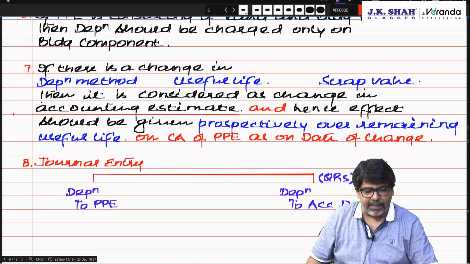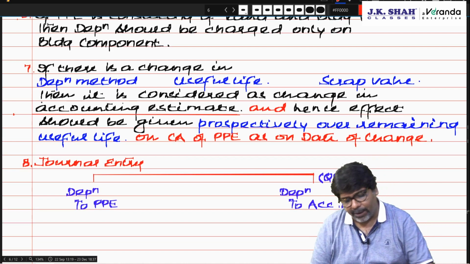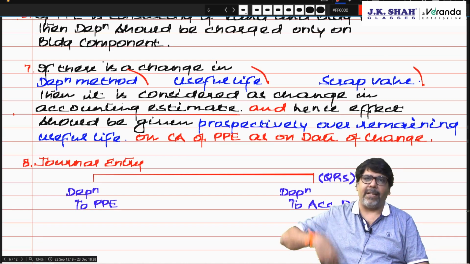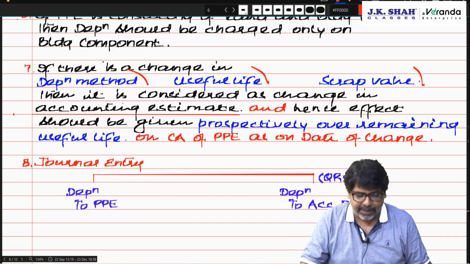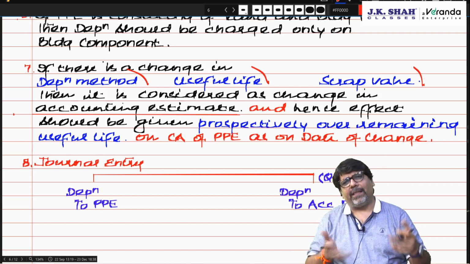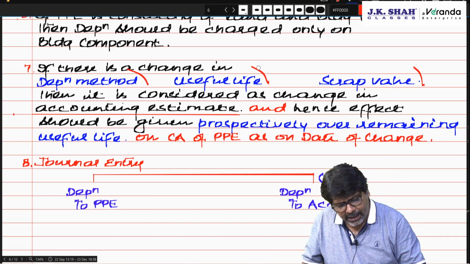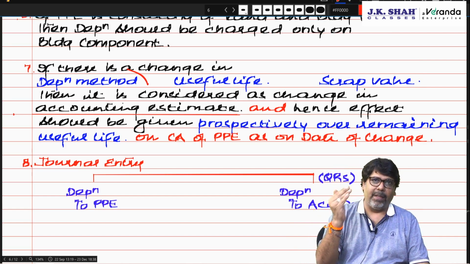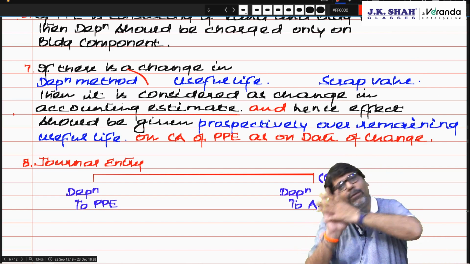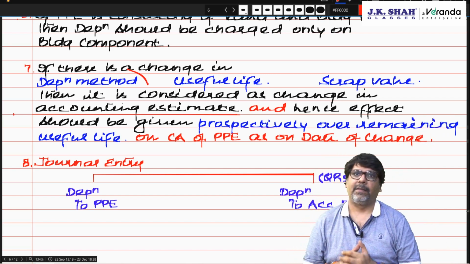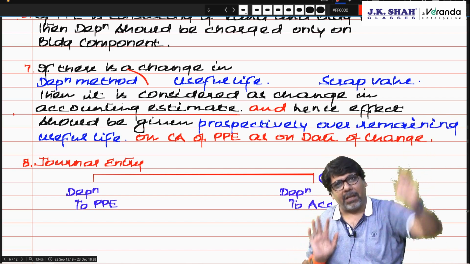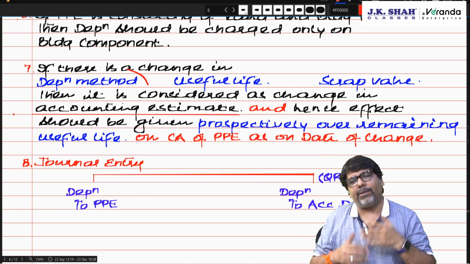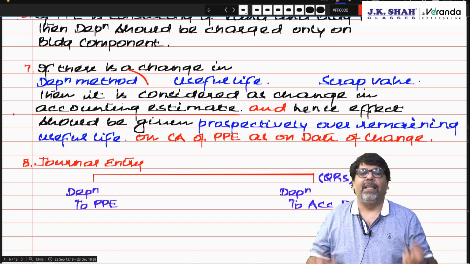If there is a change in depreciation method, useful life or scrap value, that means re-estimation. Then it is known as a change in accounting estimate, and you are supposed to account for it prospectively. Correct? You have studied all this in your inter. If there is a change in method of depreciation from SLM to WDV, WDV to SLM, or in useful life, you thought 20 years, now 10 years, or scrap value, you thought 50,000, now 30,000, you are supposed to change it in the year of change only.